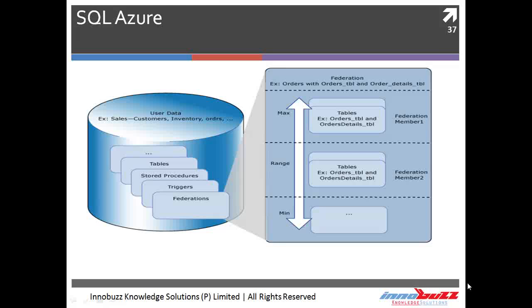A federation scheme defines a federation distribution key, which determines the distribution of data to partitions within the federation. The federation distribution key must be an int, bigint, uniqueidentifier, or varbinary, which can be up to 900 bytes or something like that, and specifies a range value. There can only be one federation scheme and one federation distribution key for a federation.